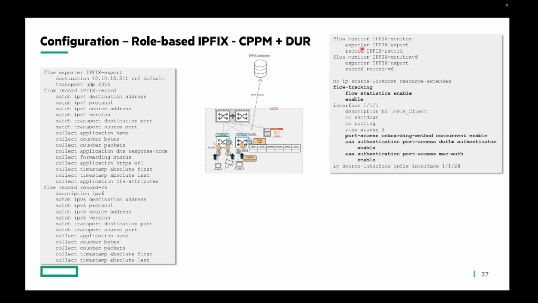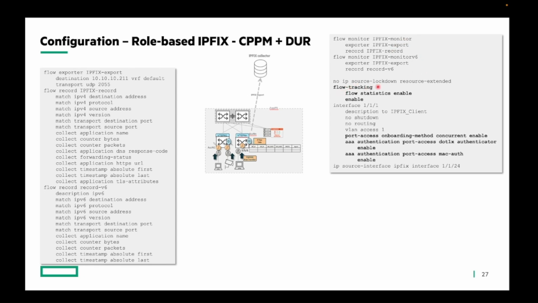Then finally, for the monitor, you define which monitor you will be using and what type of exporter. If you're using the IPFIX exporter, this one, you call that out, and which record you are going to monitor, you call that out here. I've used separate IPv4 and IPv6.